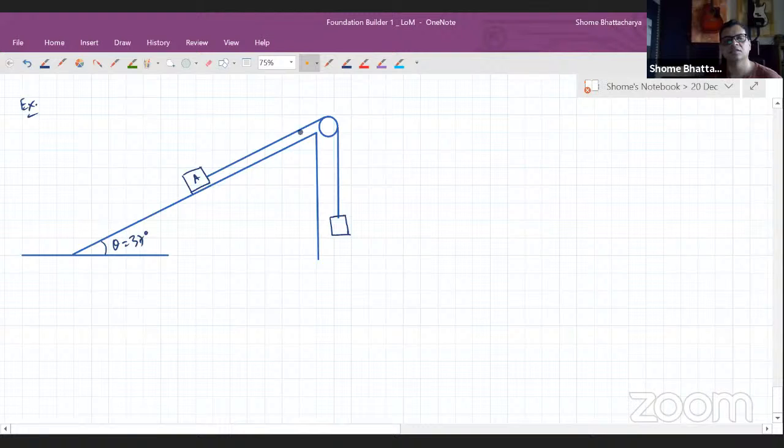So this angle is 37 degrees this time. And this is again a smooth surface. And this is a smooth fixed pulley.